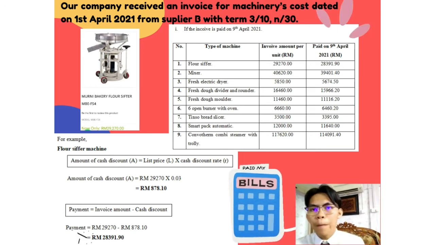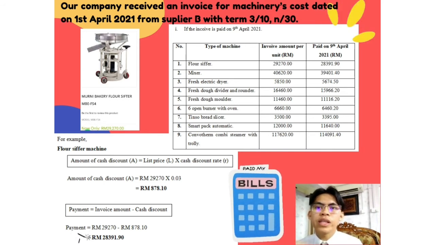Based on the table, since the invoice was paid on 9th April 2021, or 8 days after the date of the invoice, which is within the discount period, our company was entitled to a 3% cash discount.